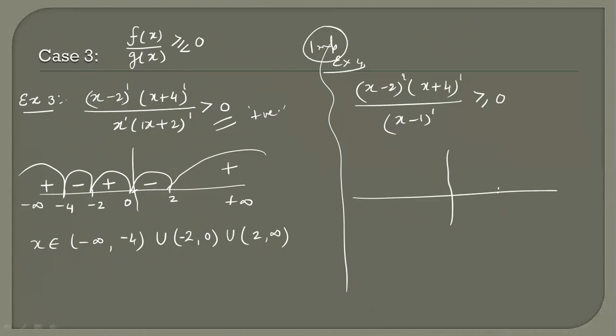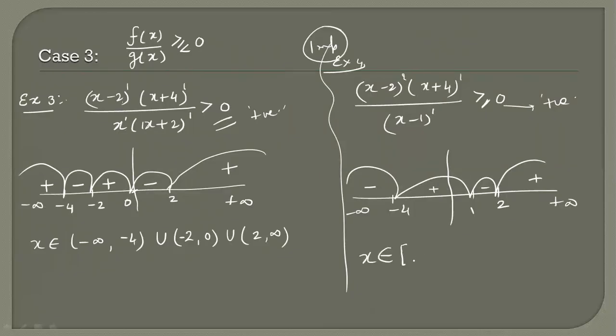So it is going to be 0 at 2, minus 4 and 1. Here minus infinity, here plus infinity. It is positive, negative, positive, negative. Now you are interested in positive, and here the equal sign is there, so we will use a closed interval. So it will be minus 4 to 1 union 2 to infinity.